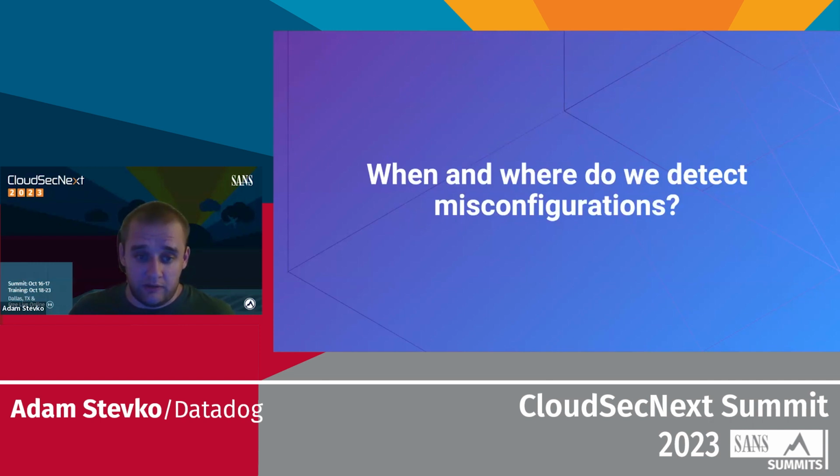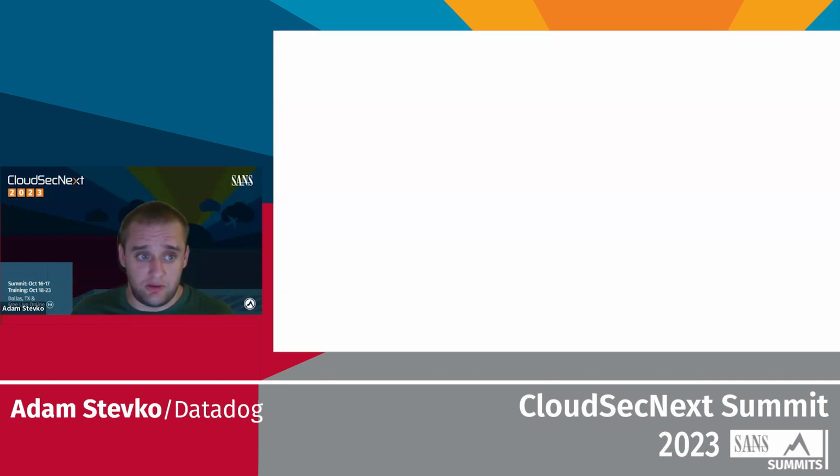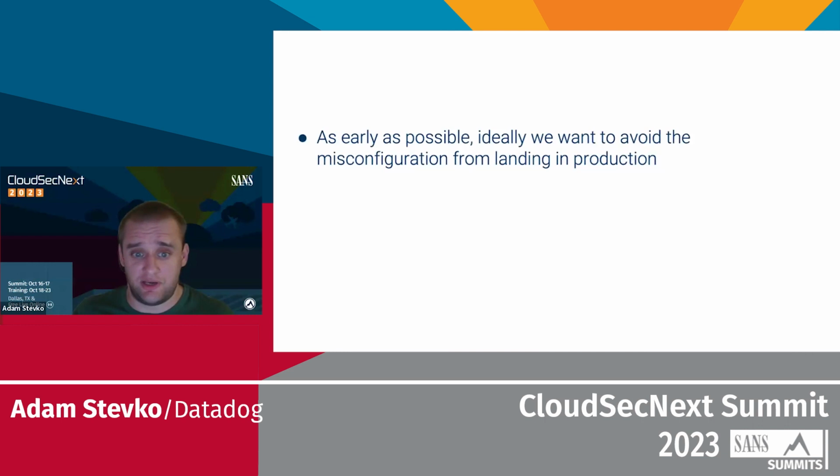So we ended up, basically Datadog is undergoing a bigger shift left initiative, and we realized that we want to detect misconfigurations as early as possible, and we want to avoid the misconfiguration from going to production.